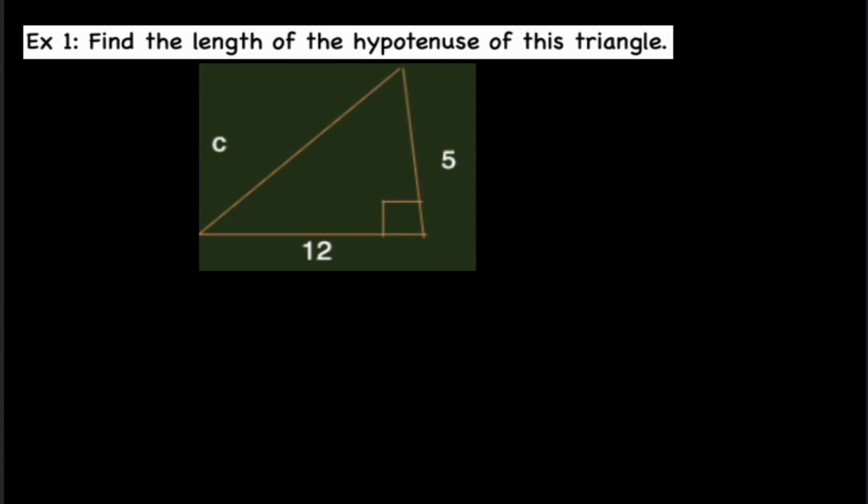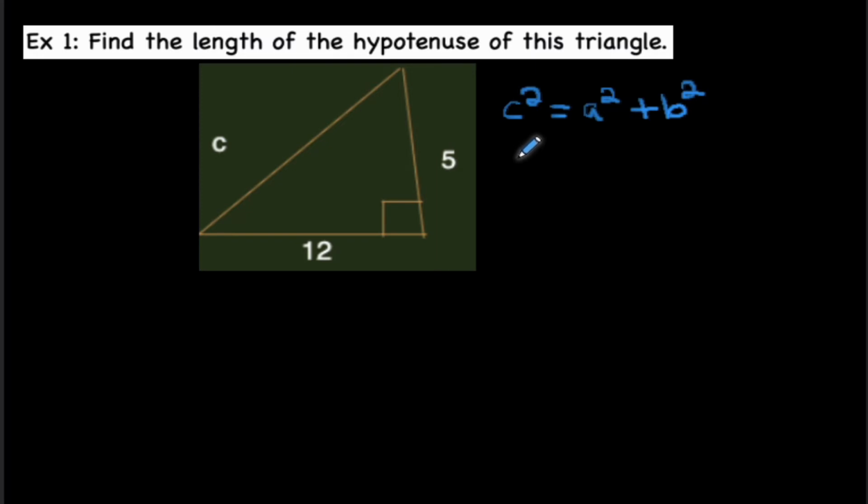So for example 1, we have to find the hypotenuse of this triangle. So let's go ahead and utilize the formula c squared equals a squared plus b squared. What we're going to do is substitute the values in this equation and square the numbers.